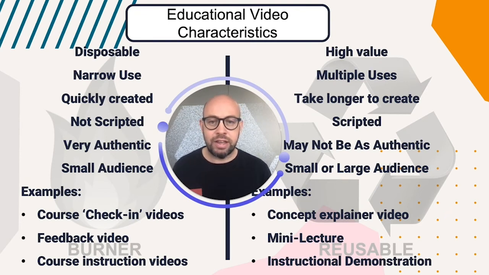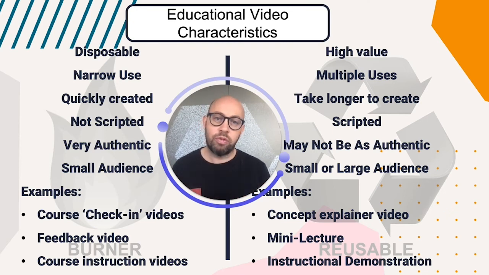And examples of these are, you might record your lecture. So the audience is your students, your cohort. You might decide to create a concept or explainer video. Is there one thing in your discipline, a concept that you keep trying to explain over and over again? You might want to lock that down into a very nice video.